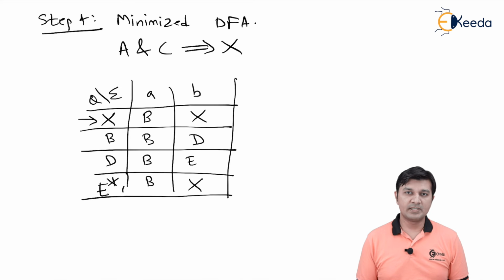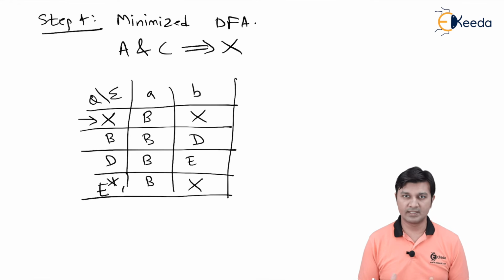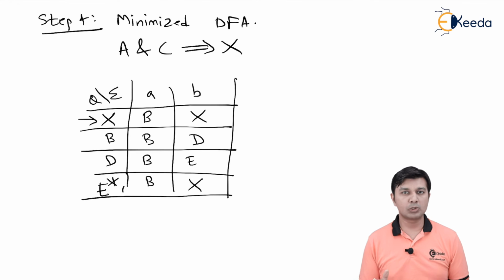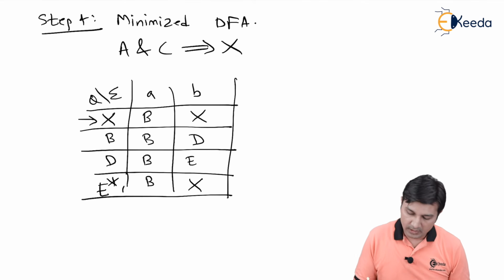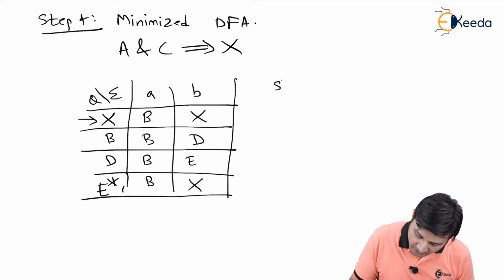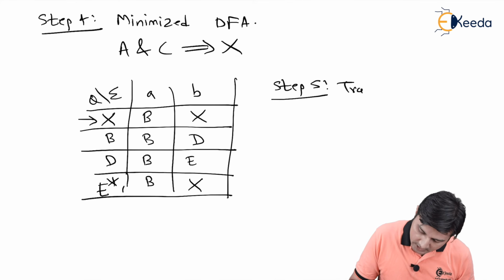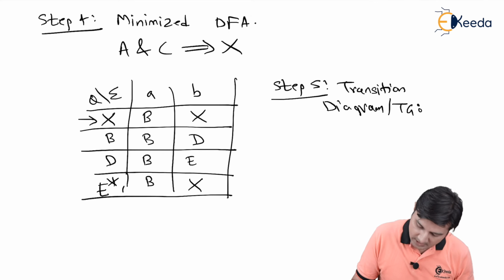After drawing the minimized DFA, the last thing which is left is the transition diagram. Of course, because it holds some marks in the exam. Although my table is also going to suffice for drawing anything after this. So let us do it. I say my step 5 over here is going to be drawing the transition diagram, or we also simply call it my transition graph.